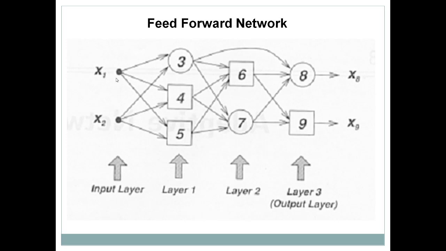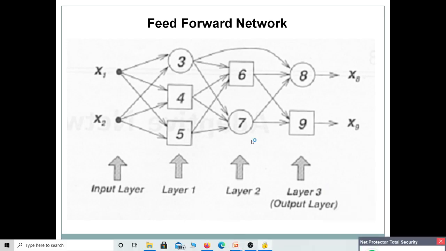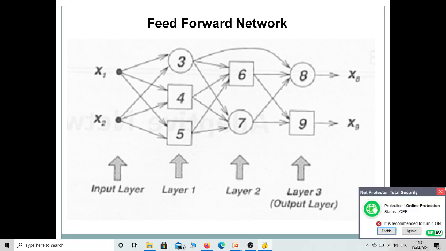So here we have the input layer and the output layer, and in this case we have two hidden layers, hidden layer 1 and hidden layer 2. I told you that n number of neurons are present in every layer, and there is no thumb rule for how many neurons should be present in the input layer, output layer and hidden layers. In the case of the output layer, it totally depends upon the application.